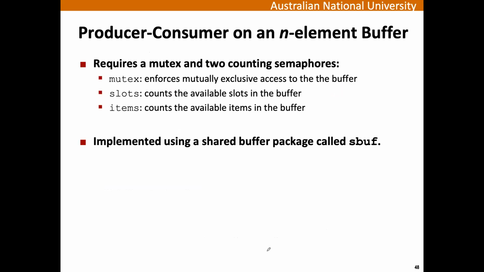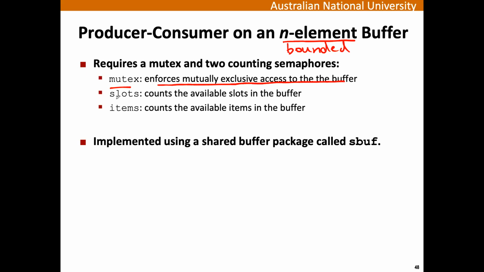So what we need is an n-element buffer. It's bounded, it's not infinite, so we have to manage it properly. A mutex will ensure mutually exclusive access to the buffer, since we don't want readers and writers to access the same element at the same time.